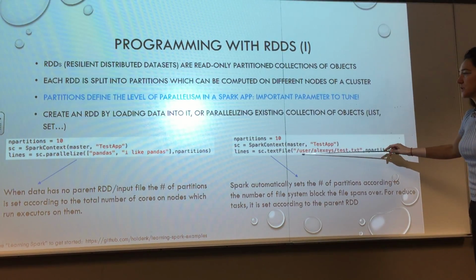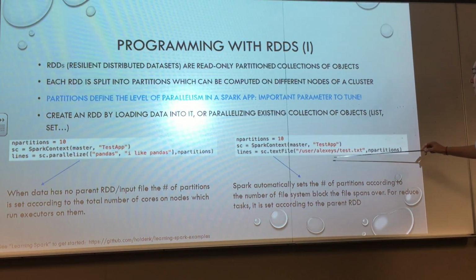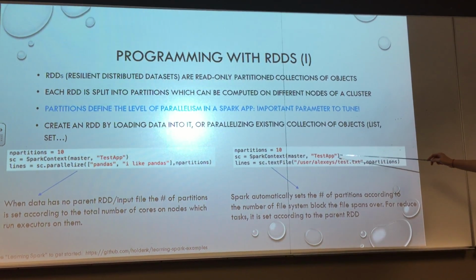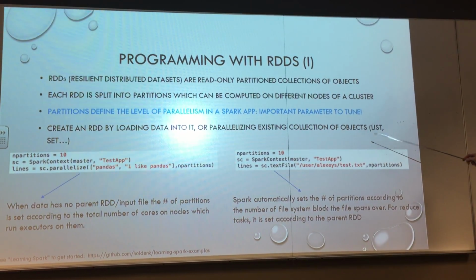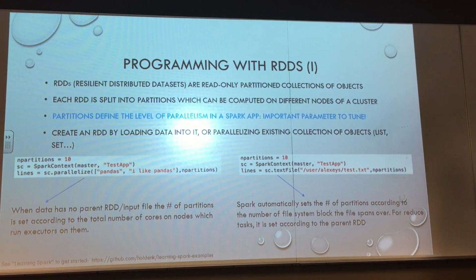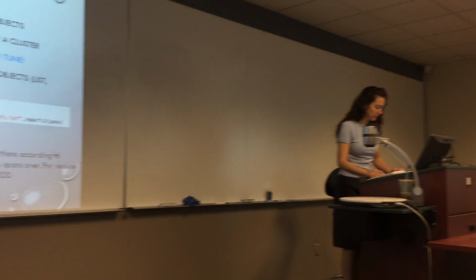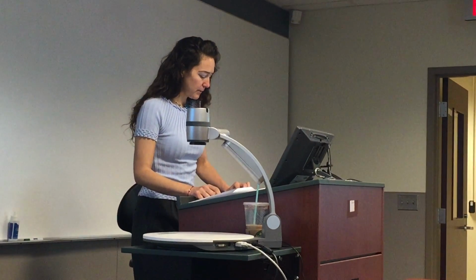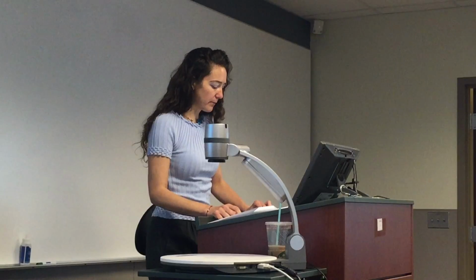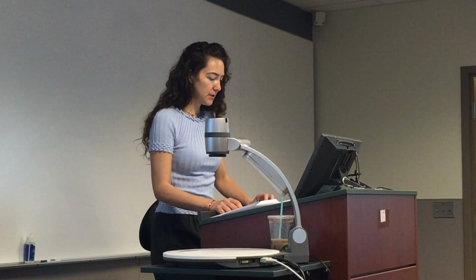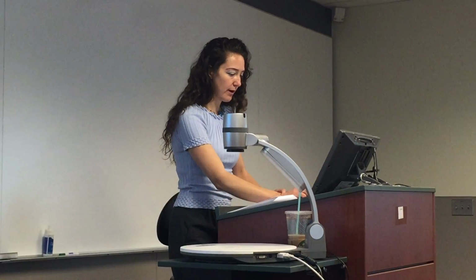So again, number of partitions is 10, and then we are passing a list. So we mentioned that this RDD can be created in two ways, either by loading an external data set or by distributing a collection of objects, such as a list or a set, in the driver program.